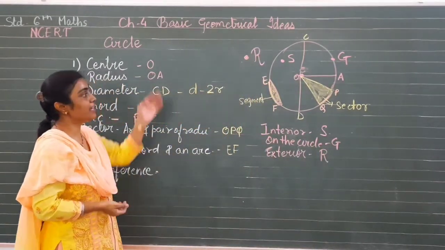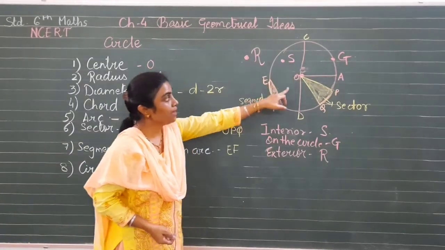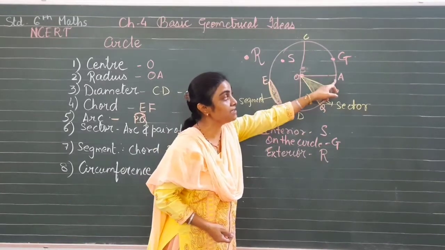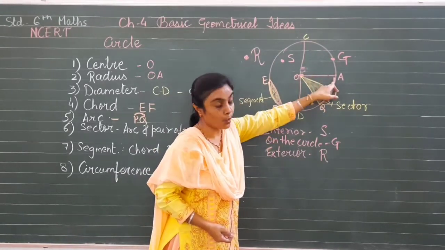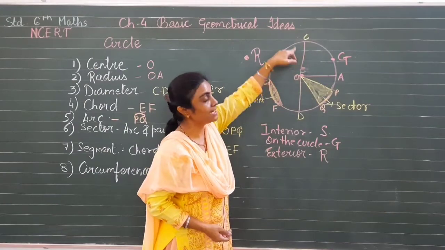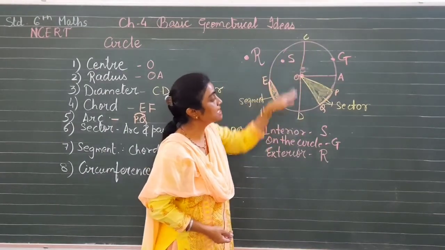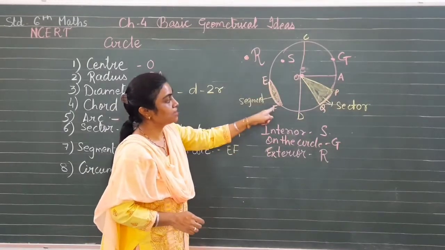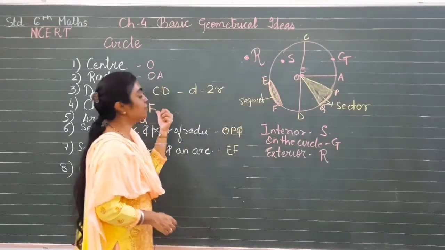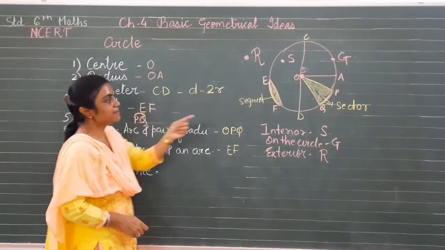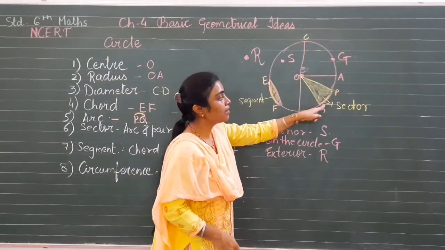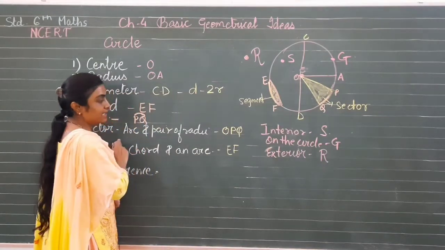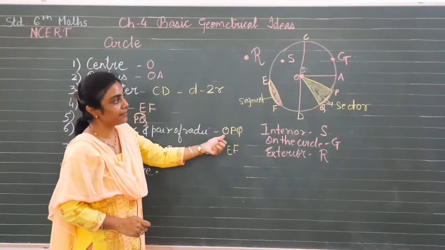So in this circle we have seen the center O, a radius which meets the center and the circle, that is OA. Then a diameter which connects 2 points on the circle, that is CD. Then a chord, 2 points on the circle. And an arc, a simple curve portion on the circle. Then sector, an arc and a pair of radii.